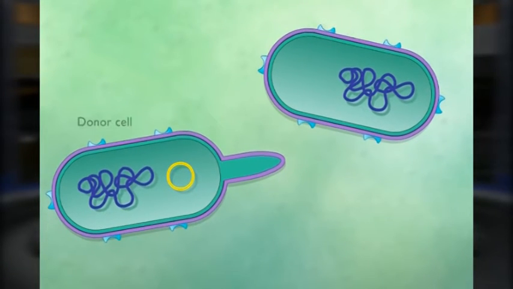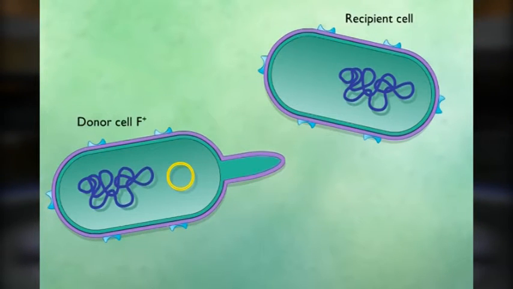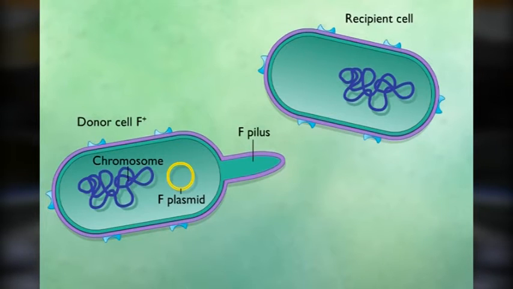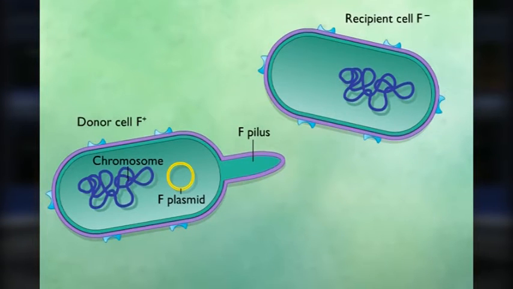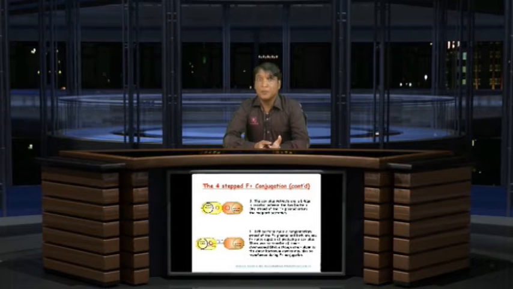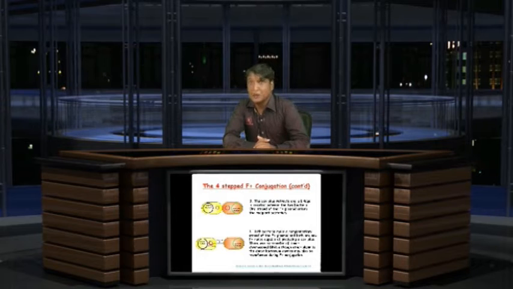Well, during the conjugation process, one cell is said to be the donor, another one is said to be the recipient. The donor cell is denoted by the symbol F plus, whereas the recipient cell is given as F minus. F stands for fertility factor. Fertility factor is defined as the character given by a new sort of DNA said to be the plasmid DNA.